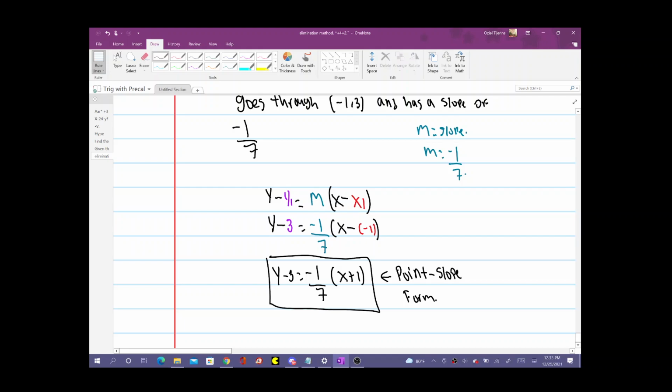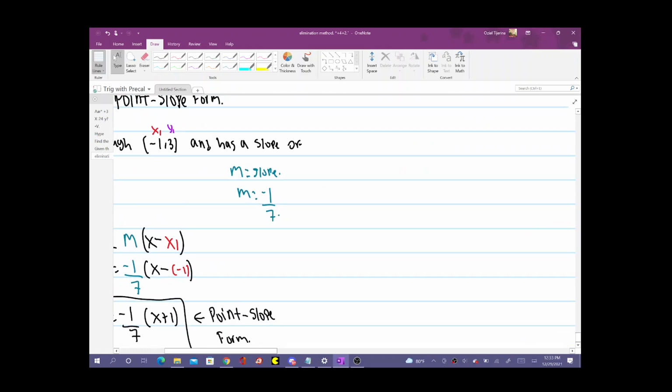Or you can do it this way. You distribute, so y minus 3 equals negative 1/7 x minus 1/7. You add 3 to both sides.